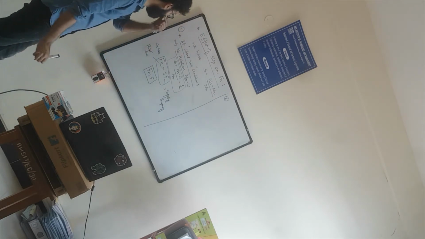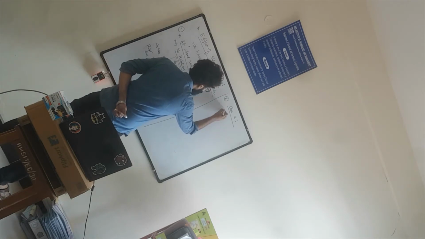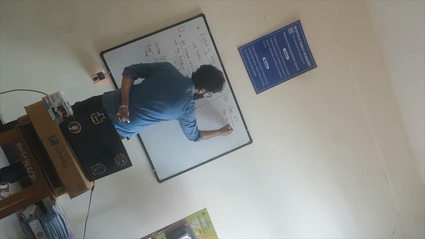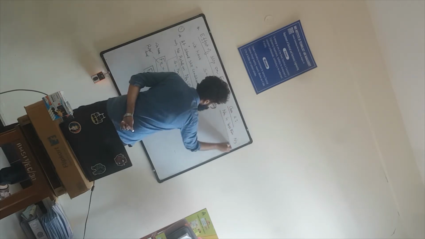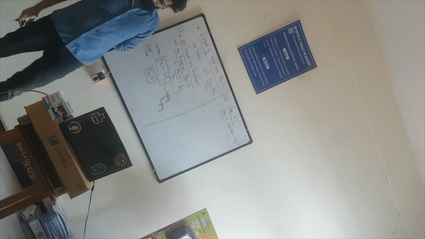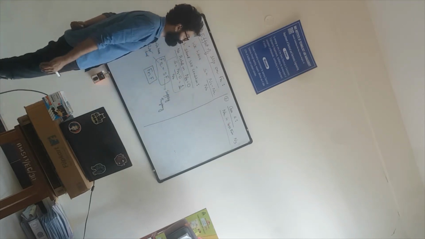Now let us consider case 2, wherein let us consider NR is less than NS. Let us assume that the rotor is running at a particular speed such that the rotor speed is less than the synchronous speed.